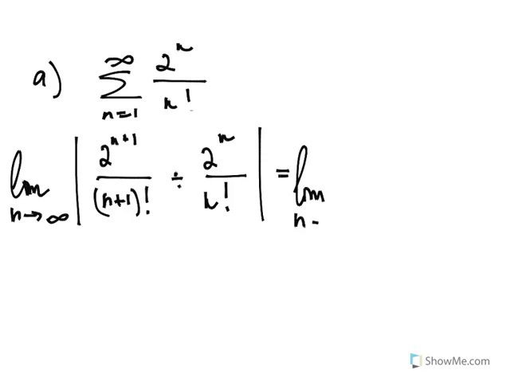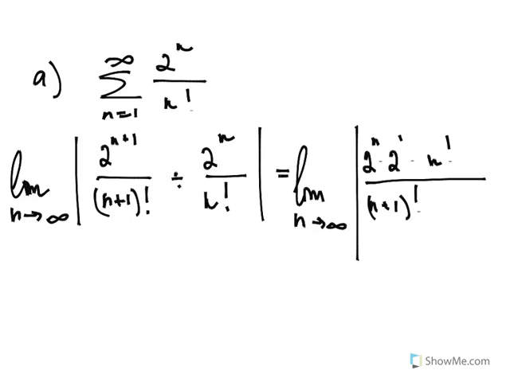Now, let's try to simplify. So it's 2 to the n times 2 to the first times, flip the second fraction, so n factorial is on the top now. You have n plus 1 factorial on the bottom, and 2 to the n moves down. Now you notice that you can get rid of these. So let's see what we have left.